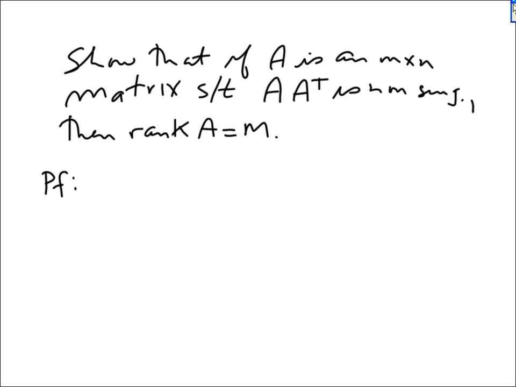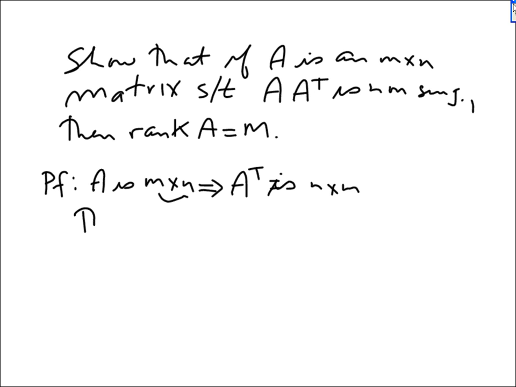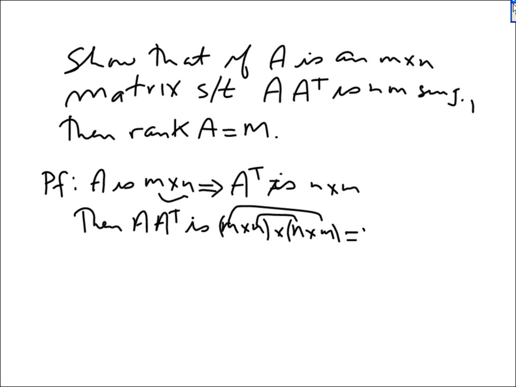Proof. A is m by n. That implies that A transpose, switching the dimensions, is n by m. Then A times A transpose is m by n times n by m, and since the inner dimensions are the same, we get m by m.